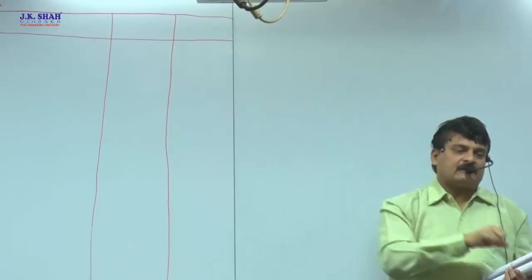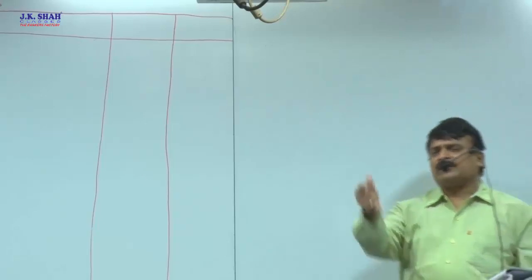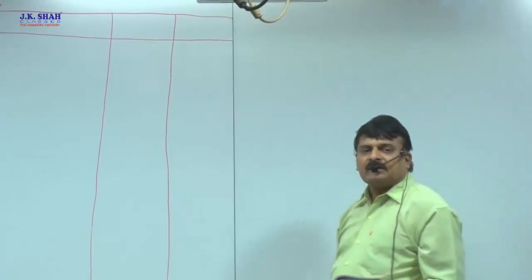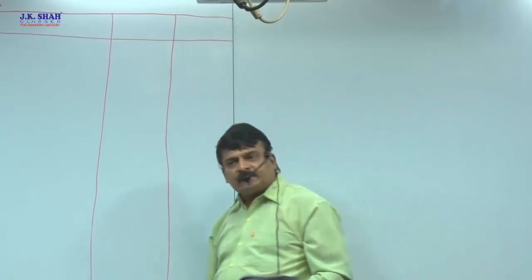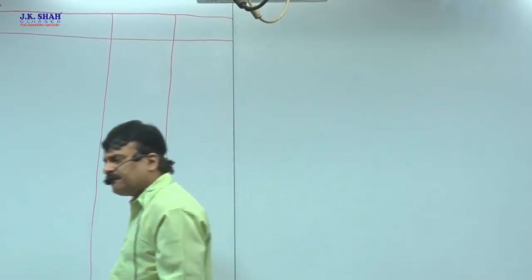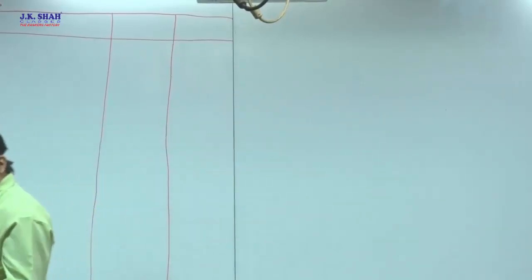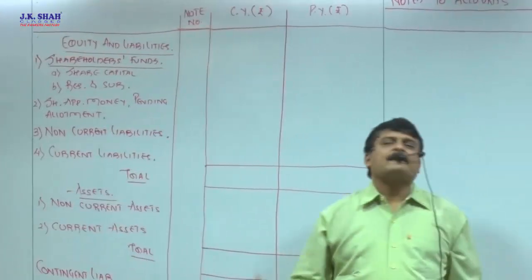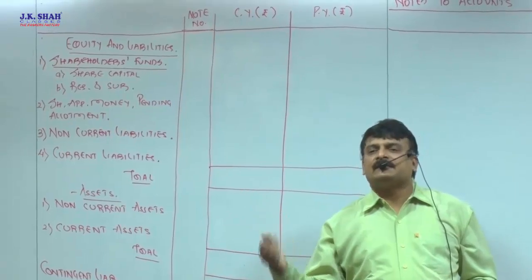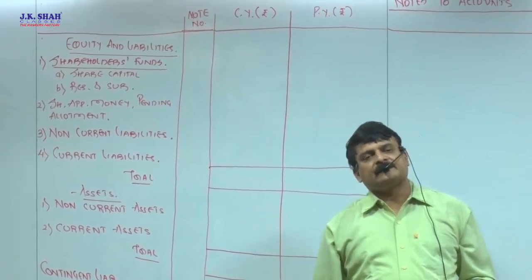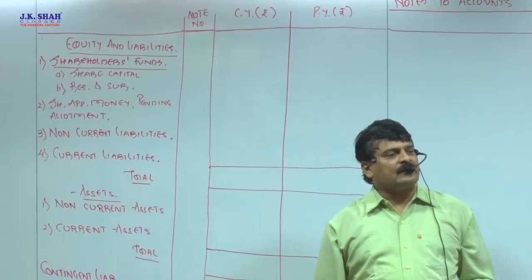Suppose someone says in the question, general reserve. Come on. You write in which head? Reserves and surplus. If it says debentures, long-term borrowings. Very good, friends. Debtors. Creditors. Cash in hand.